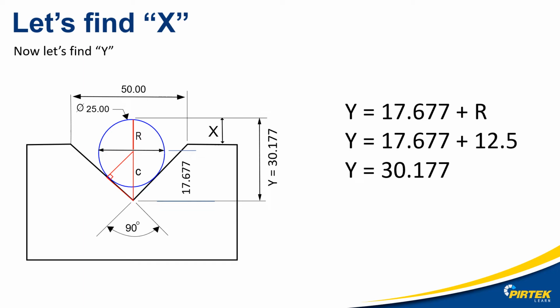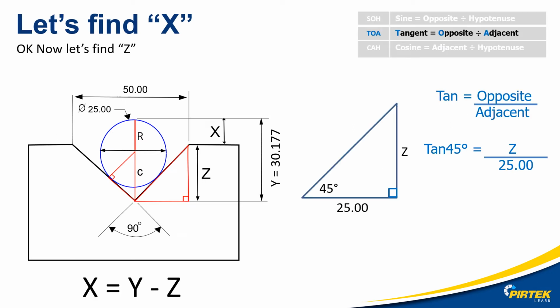So what we have here is C, which is the hypotenuse, 17.667, of the triangle we created from the center of the ball to the bottom of the groove, plus the radius, which will give us the distance from the bottom of the groove to the top of the ball. So Y equals 30.117. As you can see, we're using triangles to derive information.